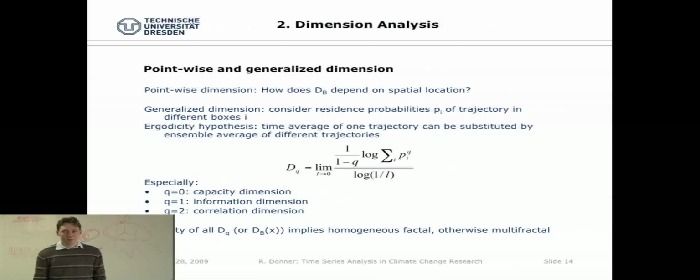Multifractal means we cannot characterize our process or system by just one fractal dimension, but there is a certain scaling of the fractal dimensions. This is also related to the pointwise dimension. One can prove that if the pointwise dimensions are not the same, then you also have multifractal behavior. So this is more or less a closed theory behind these different notions.